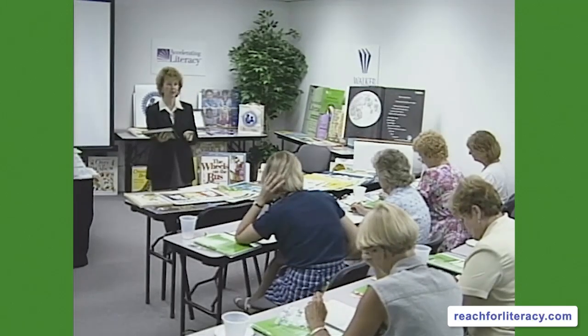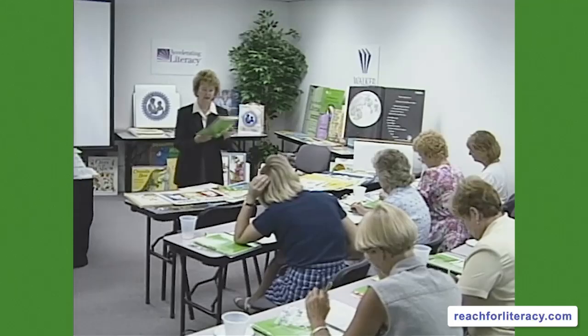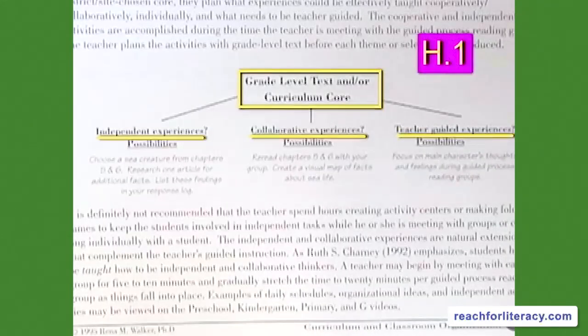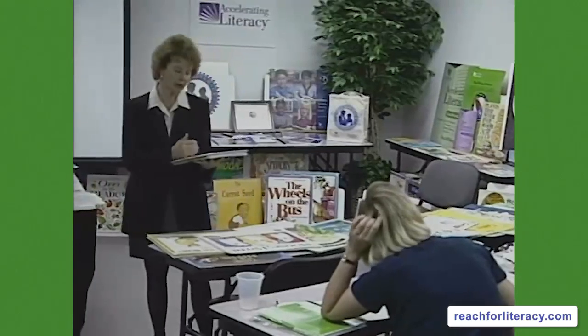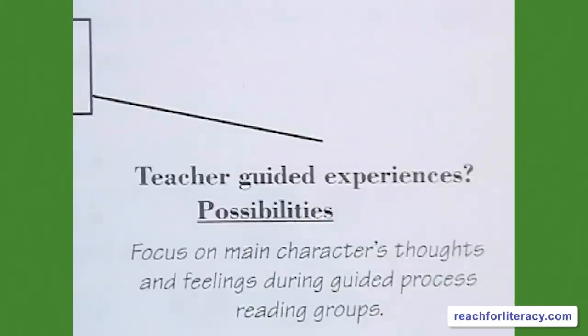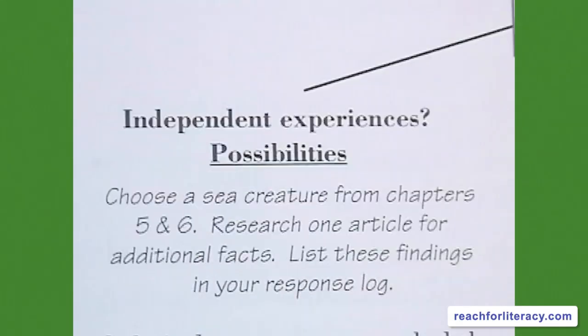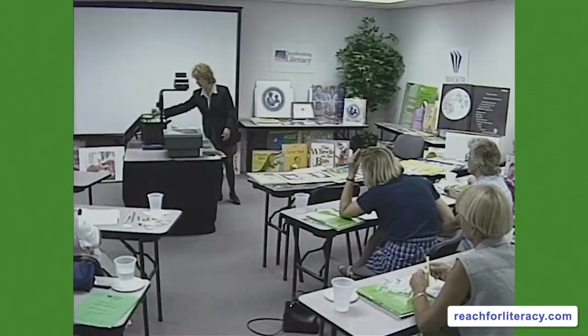One of the support meetings that you can have is to take your grade level text, as indicated here in the graphic in the middle, and think of things that the students can do independently or with the help of a partner or their collaborative group, and then what things you have to teach or guide. One way to know if your instruction is transferring would be to see if they can do it on their own, and give them a chance after you've taught it.